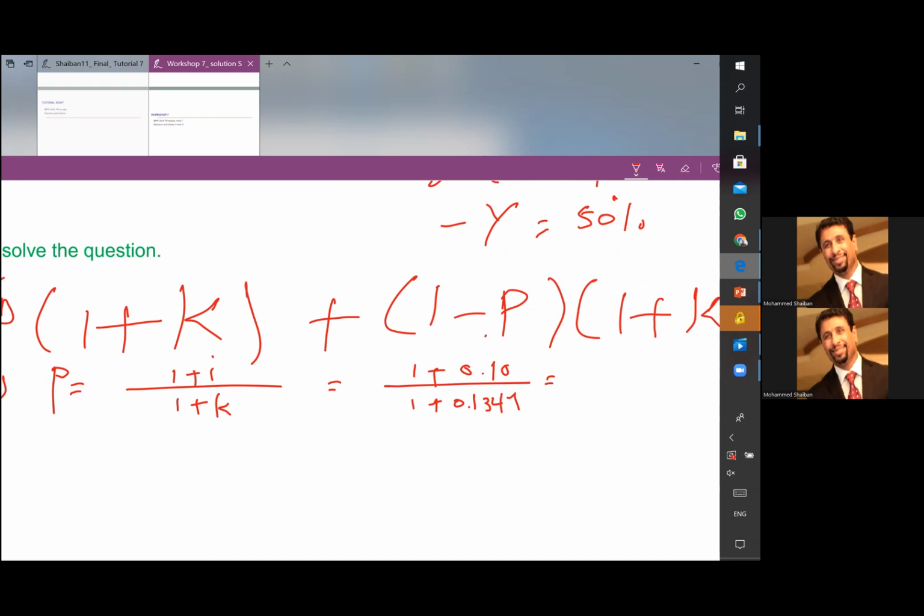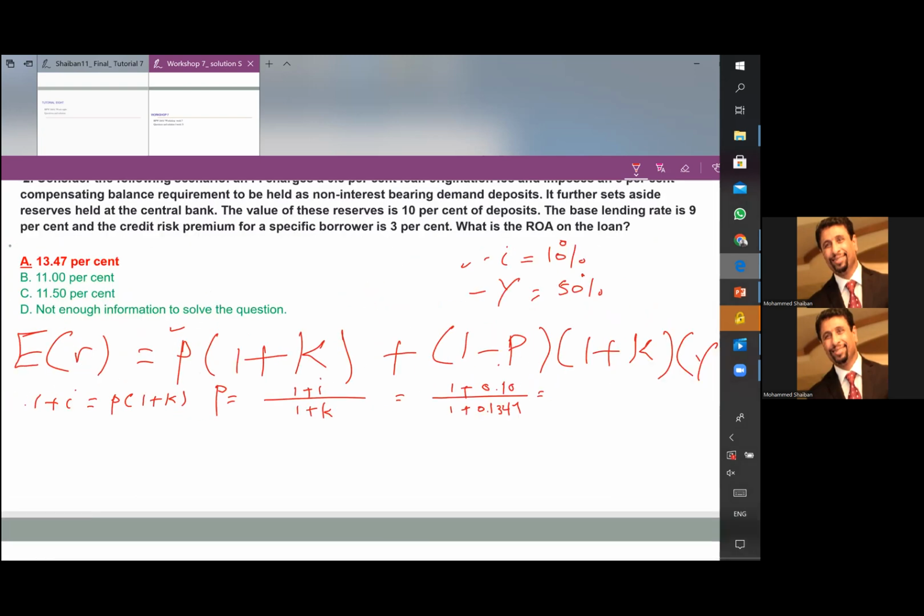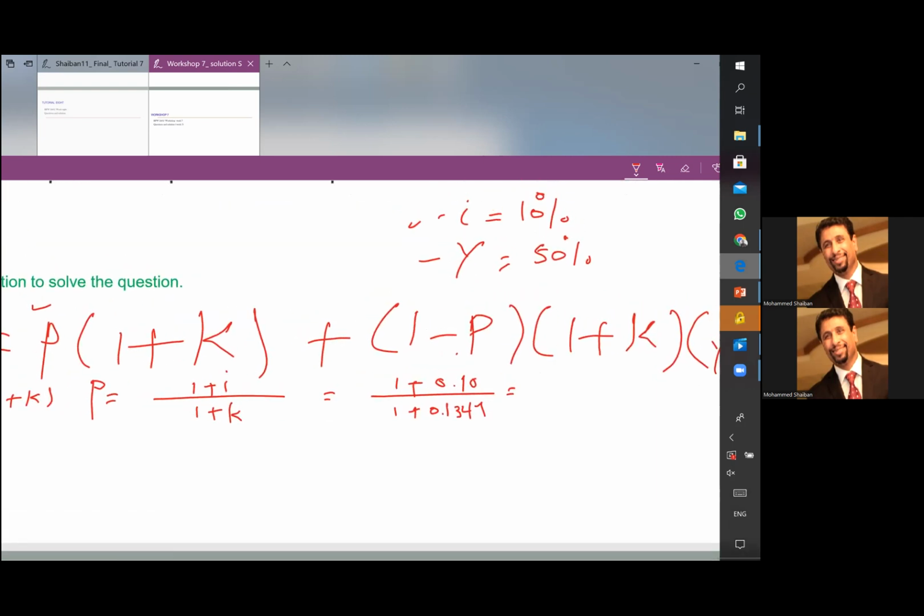Now I am in a situation to calculate the probability of payment, which, if I am not mistaken, is 97%. I think I'm not mistaken, okay?